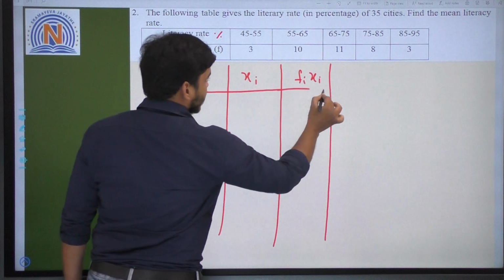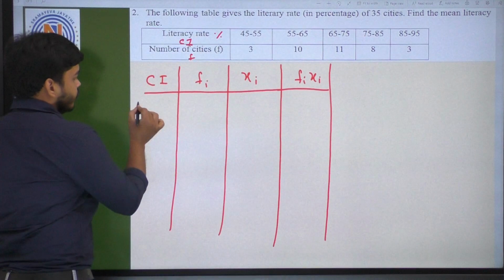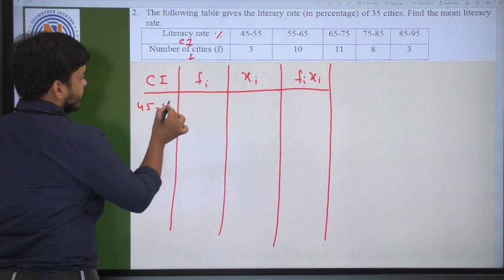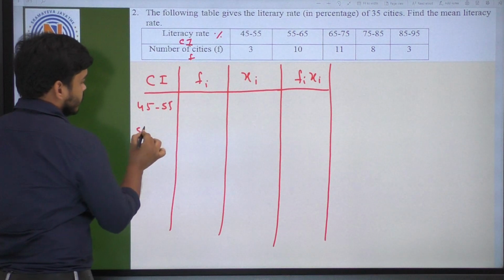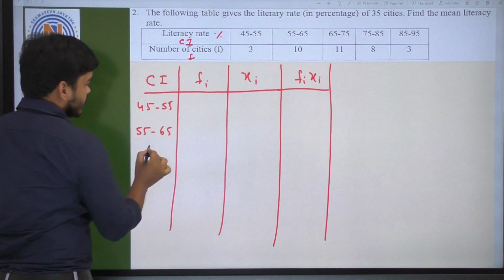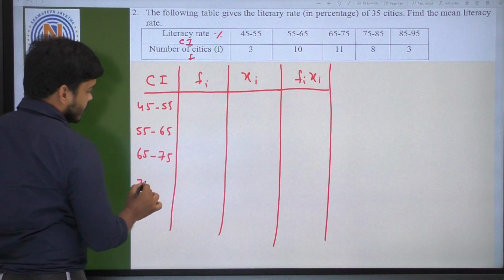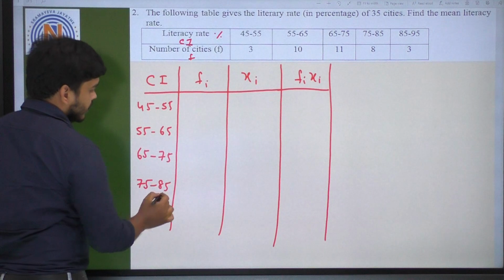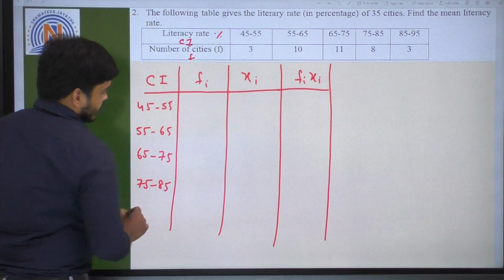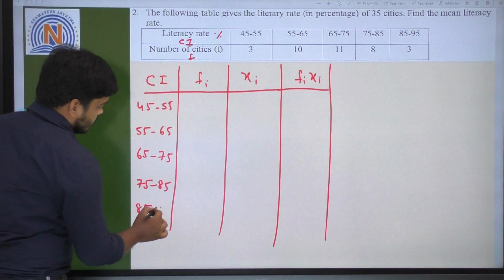By using the direct method I am solving this problem. So 45 to 55, 55 to 65, 65 to 75, 75 to 85 and 85 to 95.